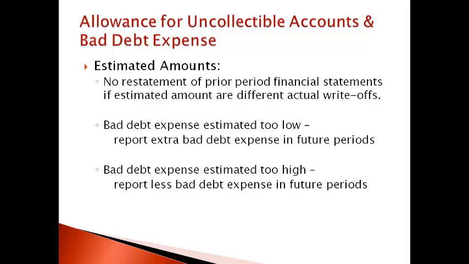A company that underestimates bad debt must report additional bad debt expense in future periods to make up the difference. A lower bad debt expense is recorded in future periods when a company overestimates bad debt expense in prior periods. The estimate is continually re-estimated as time passes.